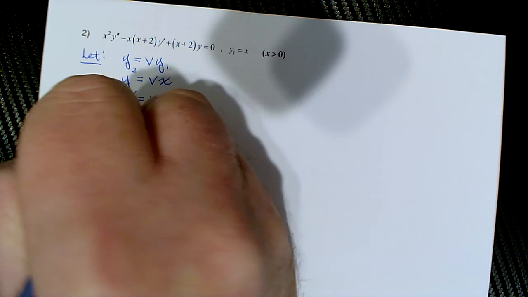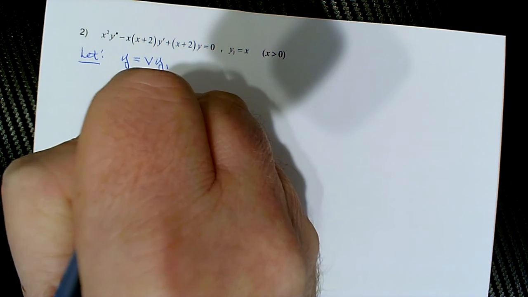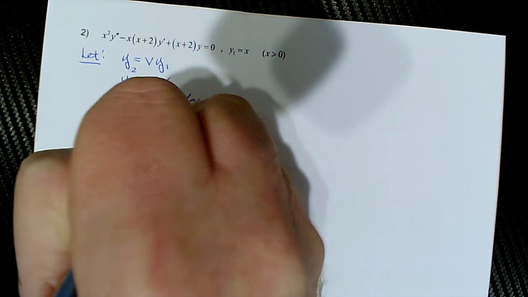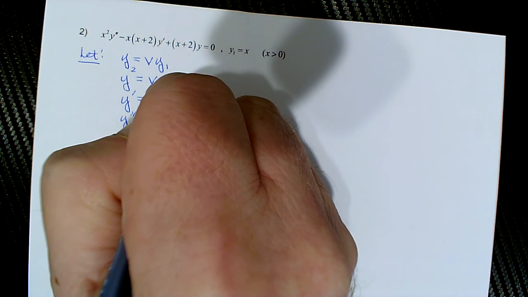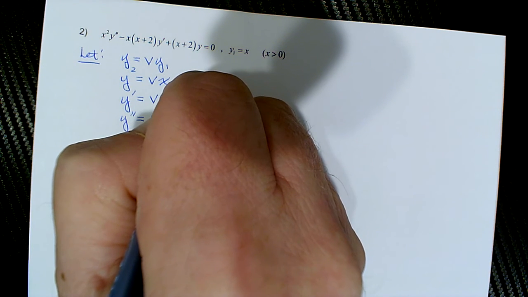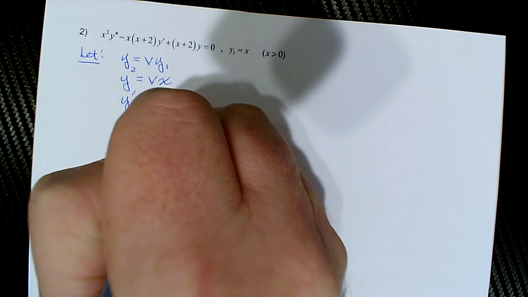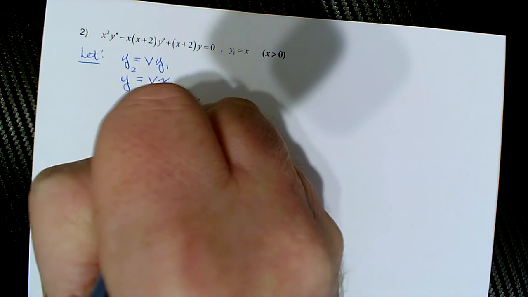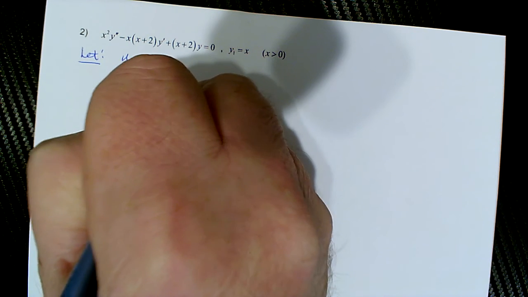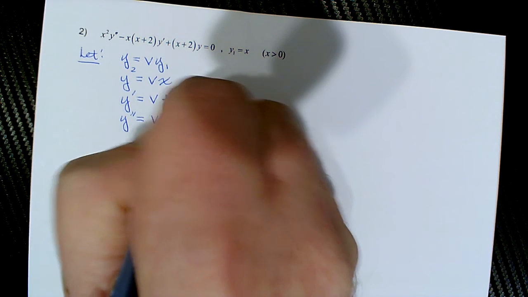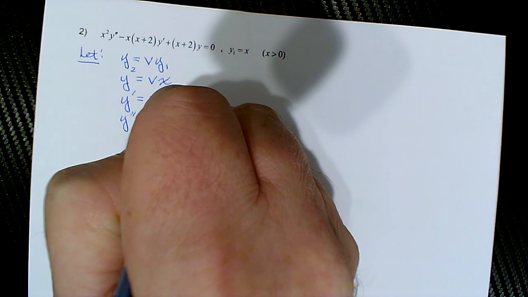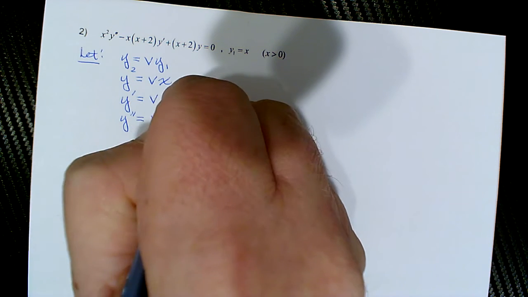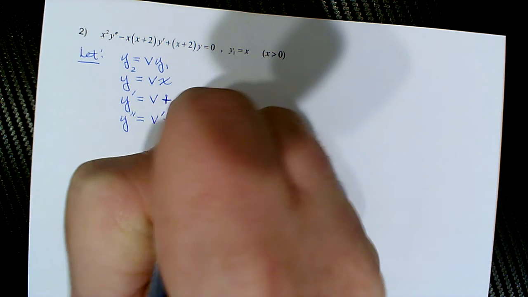And then for y double prime, the derivative of v is v prime, and then plus the product rule on this term, first times the derivative of the second, so we have v prime times the derivative of x, which is 1, so just v prime.